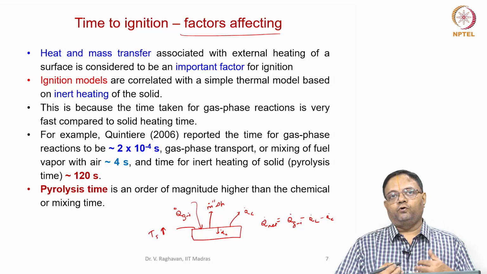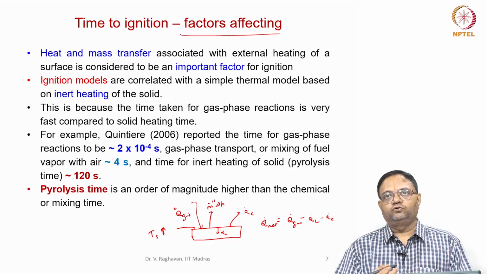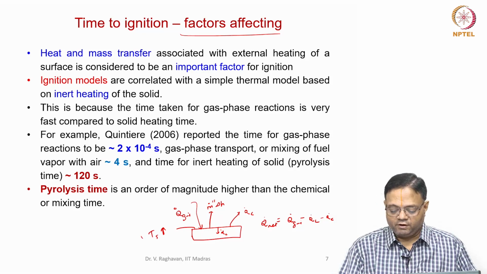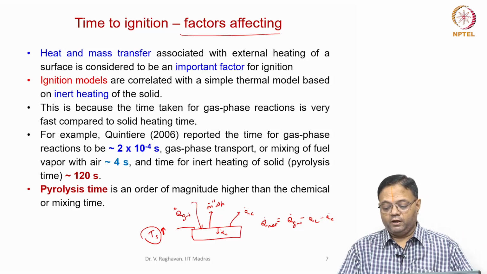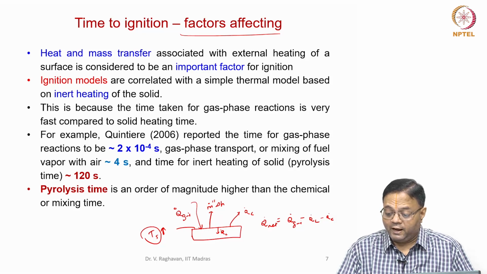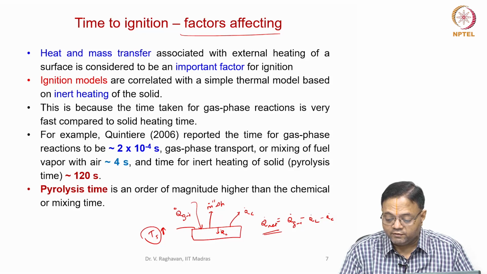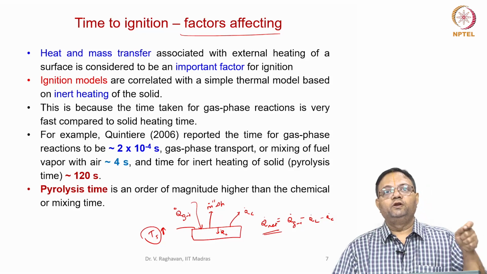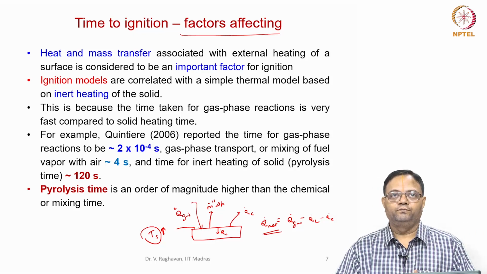When you go to melting and evaporation of a molten solid, that is a different case. But in general, the surface temperature need not go to an equilibrium value, like what we saw in the liquid cases. So, the rate at which the surface is heated will determine the rate at which the mass is coming out, and this is dependent on the surface temperature. So, we need a kinetically controlled mass transfer rate, which we have seen earlier.